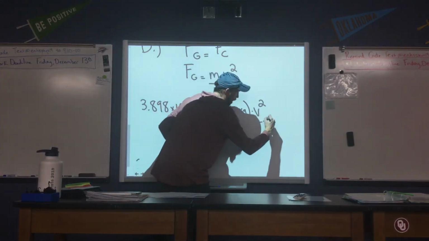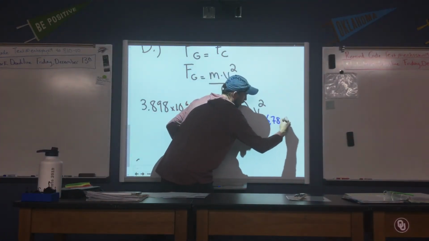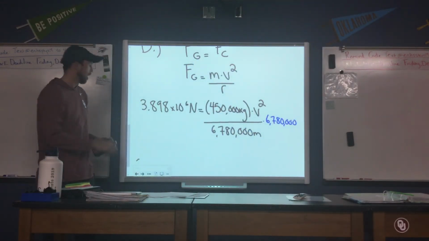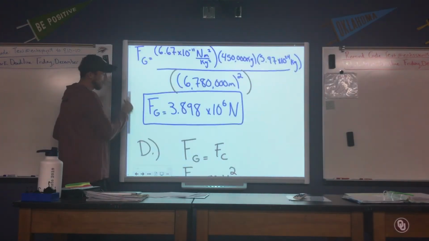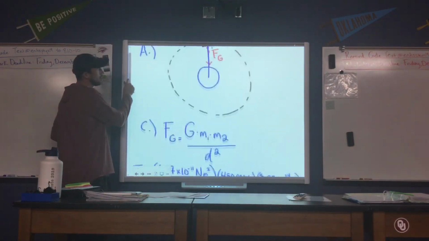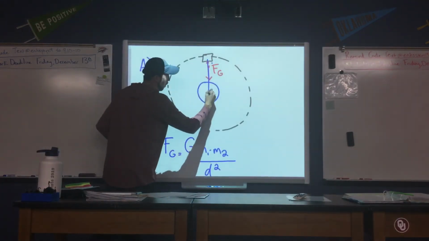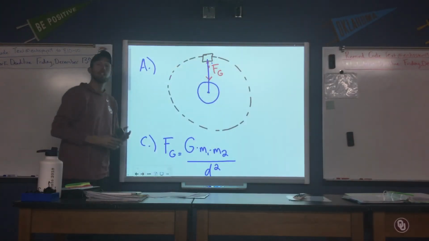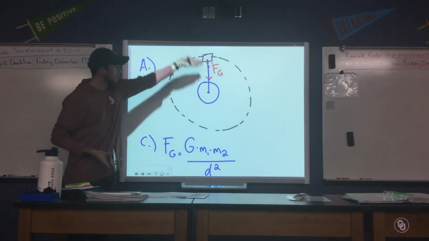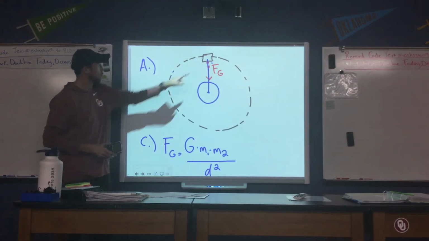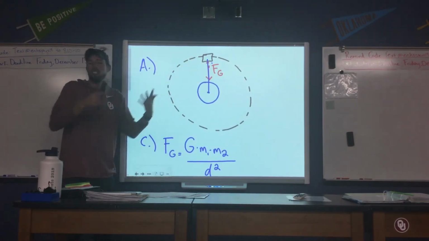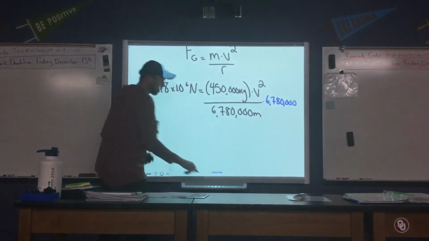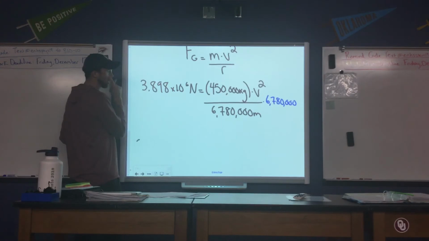So I'm going to multiply by the radius of our circle, which, thinking back to our picture, is the distance from the center of our circle all the way out to the edge, which is the distance from the center of the Earth out to the ISS. So the radius of our circle is the distance between the objects. If I multiply that value up to the numerator, I have to do the same over here.